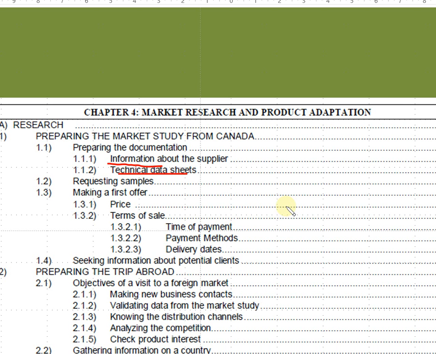And then seeking information about the potential client. We also have lots of methods for how you can find your client. Okay, your clients are scattered all over the world, but you have to gather them to your scope and to your site. Okay, and into your database.